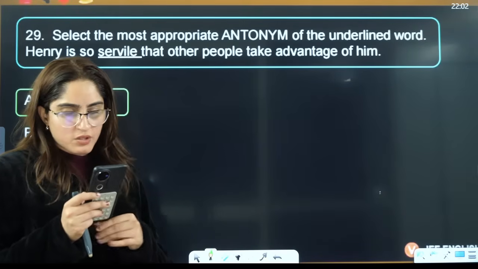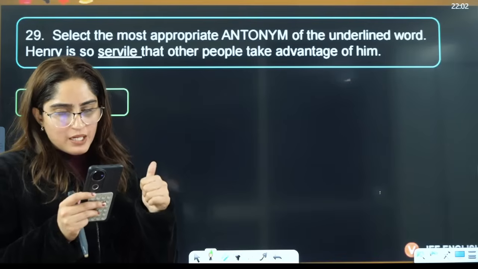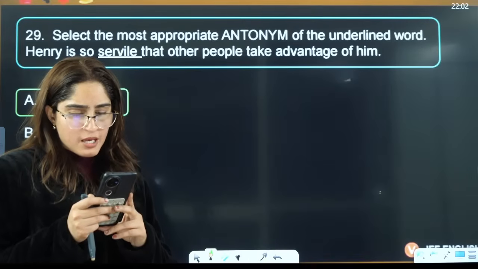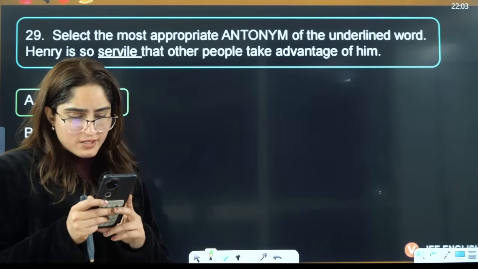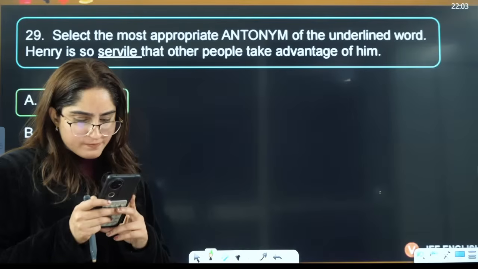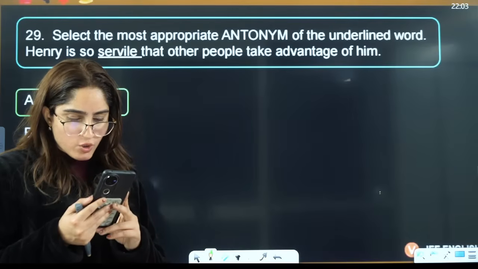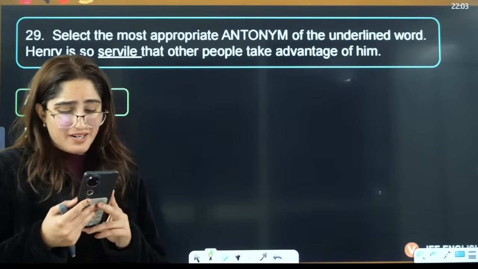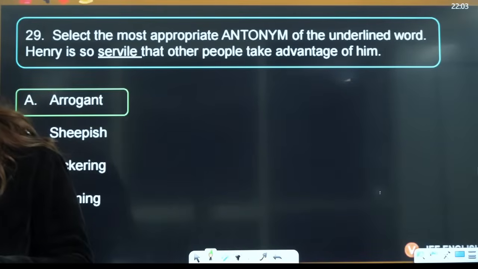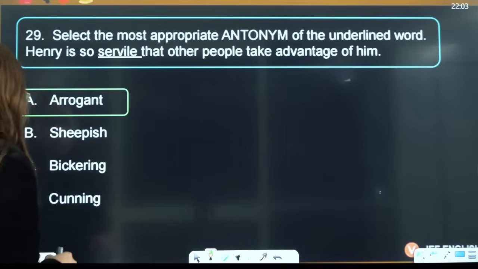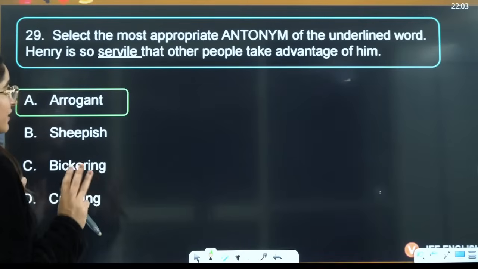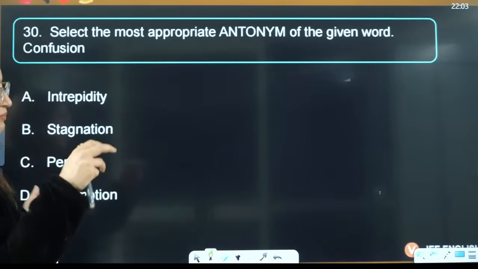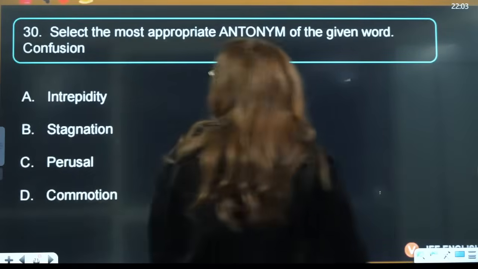I'll tell you the synonyms of this: humble, meek, abject, menial, slavish, base, sheepish, unassuming, modest, lowly, retiring, unpretentious. So arrogant is actually the opposite word of it, but you can get confused here, because cunning also seems to be the answer.